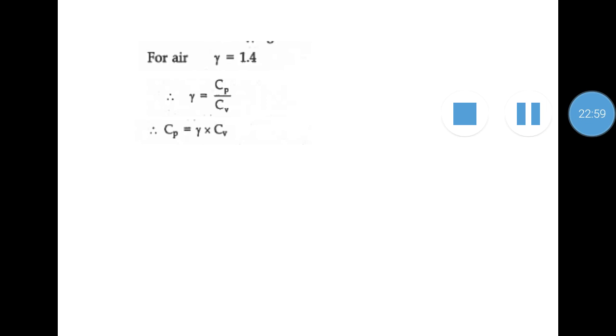Filling the values, gamma is 1.4, Cv is equal to 0.704, we get 0.986 kilojoule per kg Kelvin as the Cp value. So here we have calculated Cp and Cv. Cv is 0.704 kilojoule per kg Kelvin, and Cp is equal to 0.986 kilojoule per kg Kelvin.